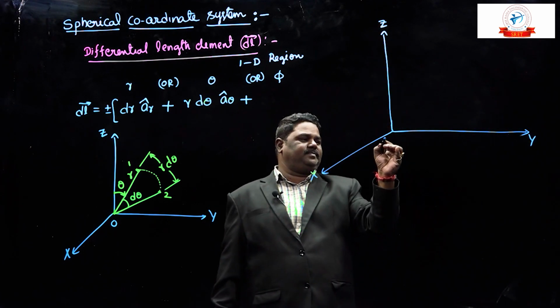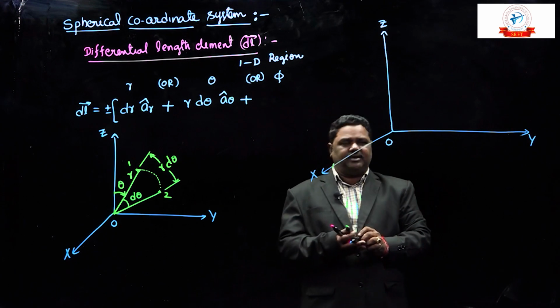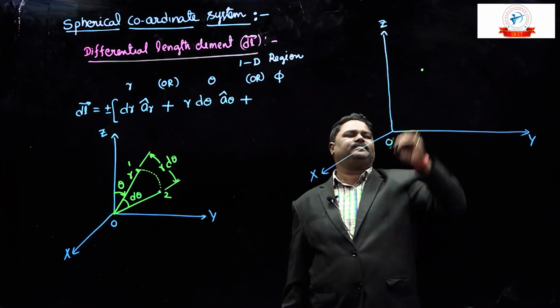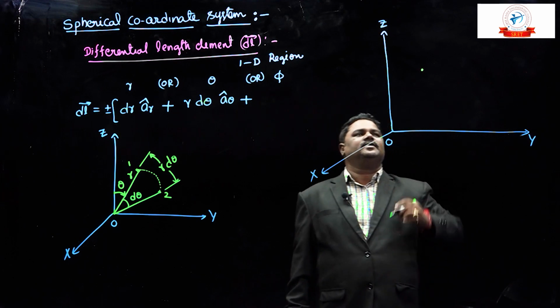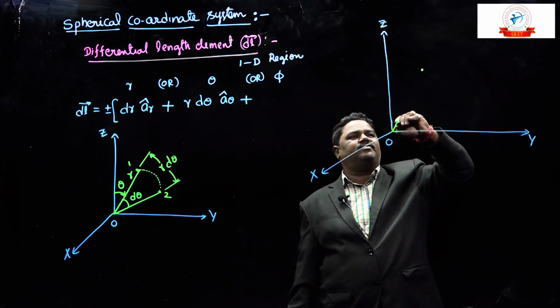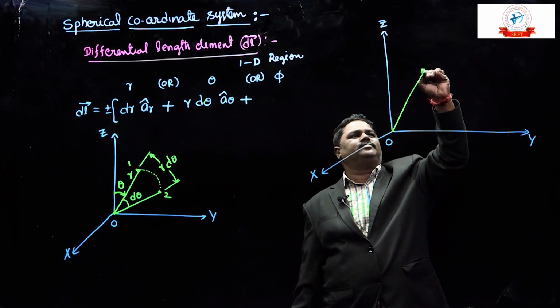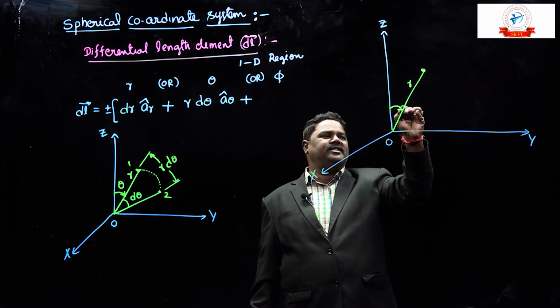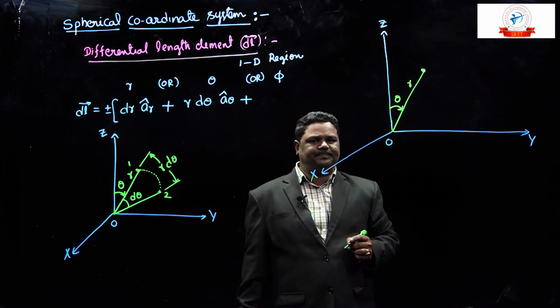Coordinate axis, yeah. So again I am going to consider a random point anywhere. The radial distance from the origin is nothing but r, and the vertical angle made with the z-axis is theta.